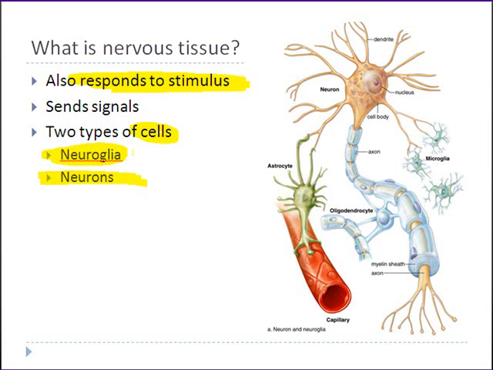They basically do everything that's needed to keep the neurons happy so that the neurons only have to worry about receiving signals and sending signals out. The neuroglia take care of everything else. For every about 9 neuroglia, you have 1 neuron. So the neuroglia vastly outnumber the number of neurons in the body. The neurons are much larger than the neuroglia, though, so they're usually what you see more readily when you look at nervous tissue under the microscope.